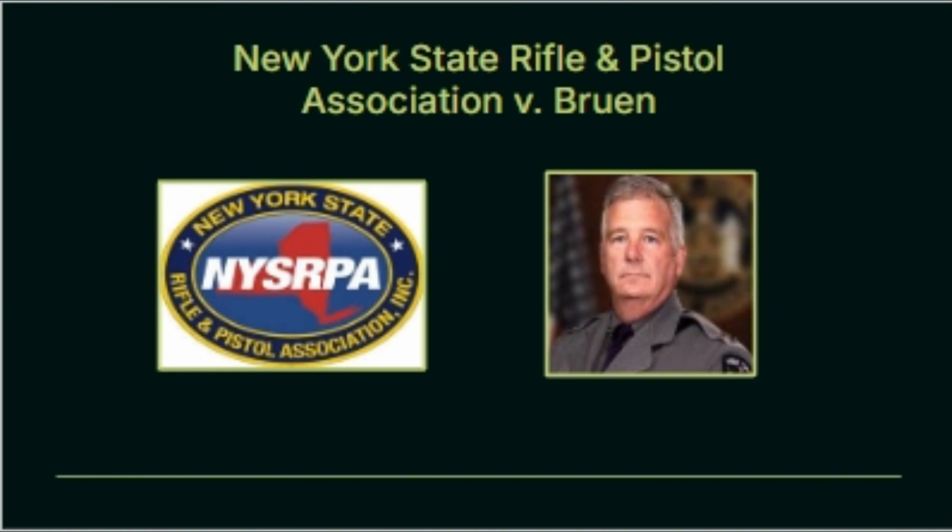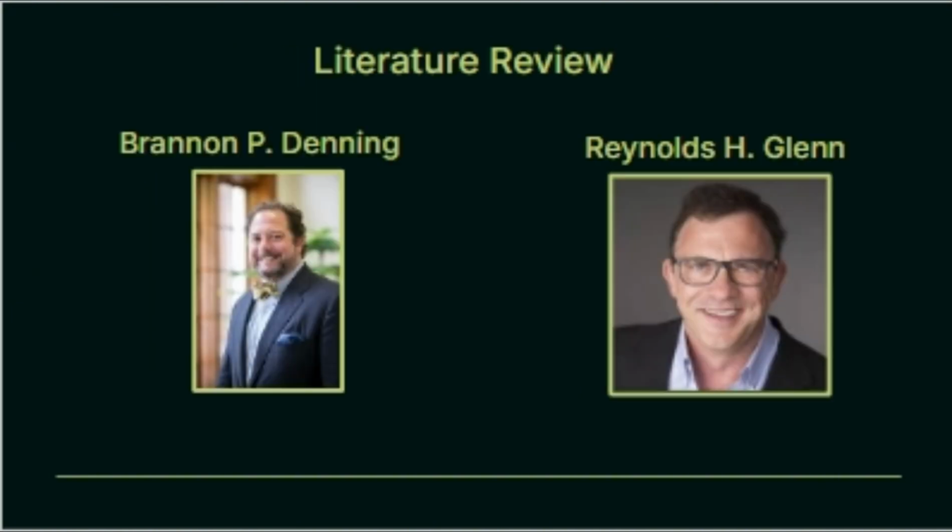Okay, and we're going to be taking a look at my literature review. First on the agenda is a law review by Dana P. Denning and Reynolds H. Glenn. This law review goes into depth on arguments and decisions that led to the outcomes in the Columbia v. Heller case. The reason why I have this is because it helped me get a baseline understanding of what the court cases were about.